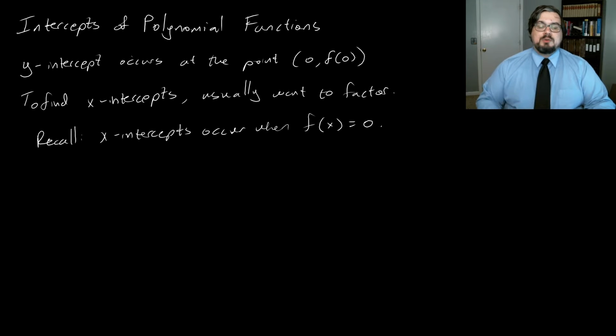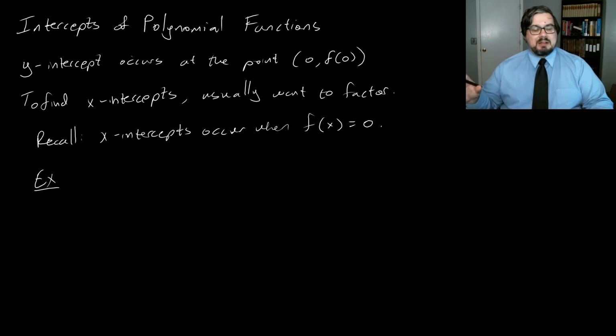So let's suppose that we have factored, or maybe we're lucky enough that a function has already been given to us in factored form. And I want to take an example because there are actually 3 different ways that the function can have an x-intercept, 3 different kinds of x-intercepts.